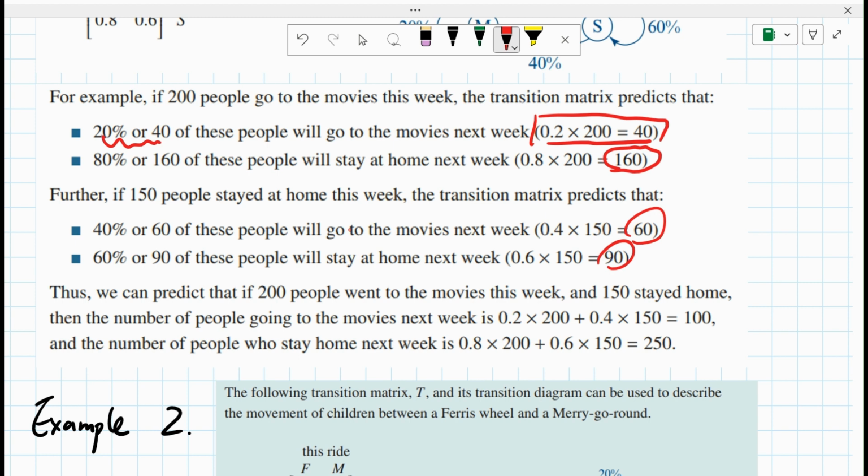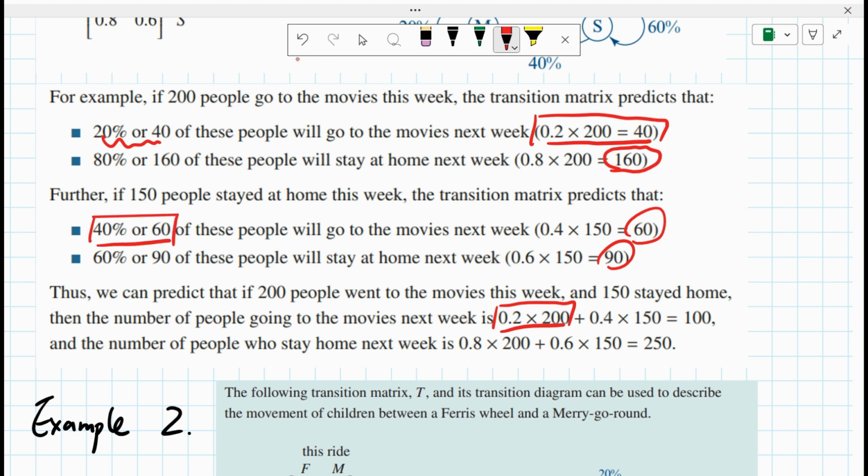So we can say that 200 people went to the movie this week, and 150 stayed at home. Then the number of people going to the movie next week will be 0.2, because 20% of the 200 people will go again, plus 40% of the 150 will go to the movie.